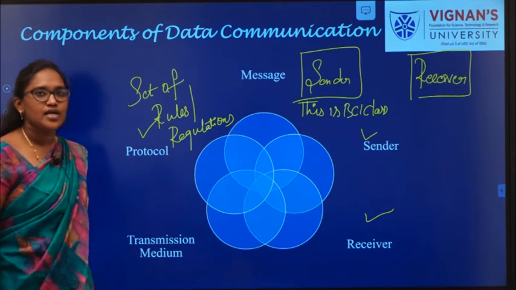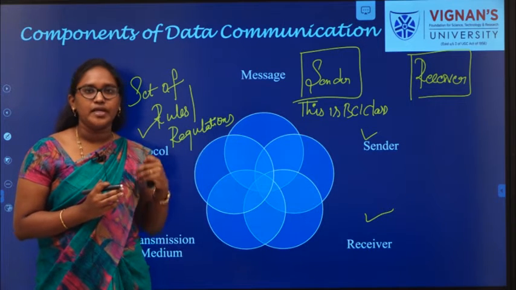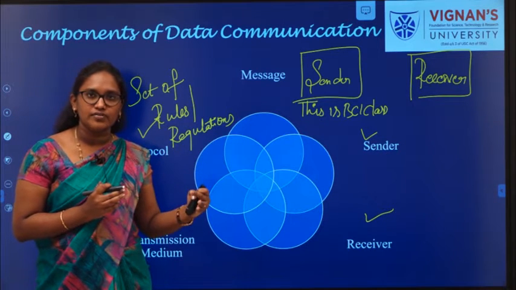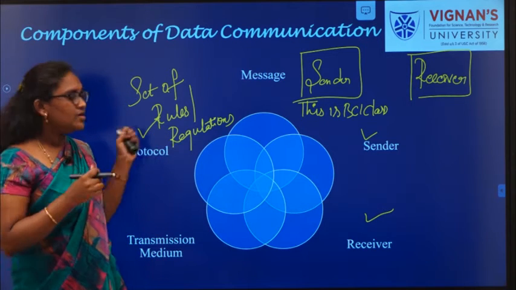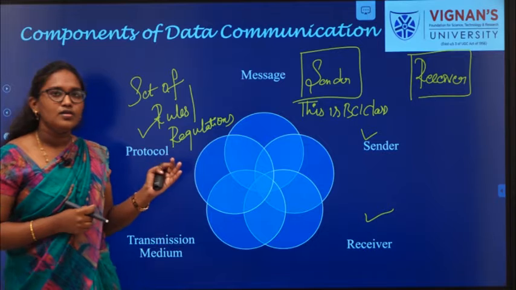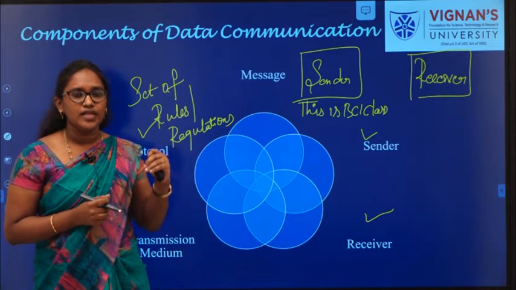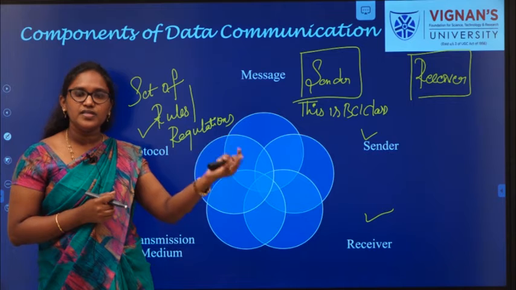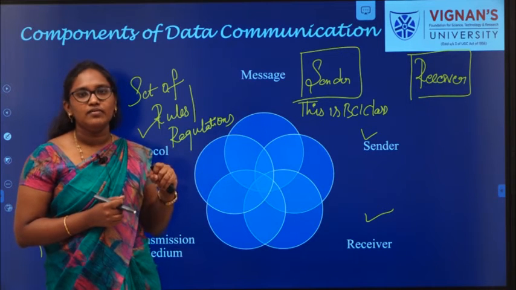What is this set of rules and regulations? For transferring any kind of data from sender to receiver, you need to have a protocol. Why do you need a protocol? Because while you are sharing the data in the network, that will be notified officially to the governments or to the one who has built that website.